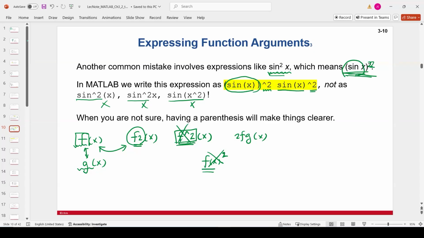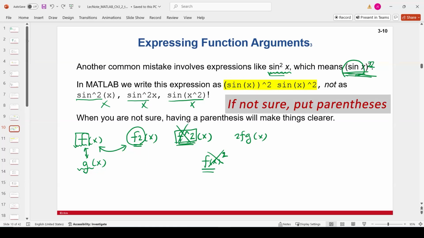And as I stressed multiple times in class, if you're not sure whether this is going to work or not, put parentheses where you want it to be calculated first. Okay, so this is a very important part that I want you to remember if you're trying to do this sine square. These are not the right ways to realize it. You want to find this sine first, and then that thing will be squared.